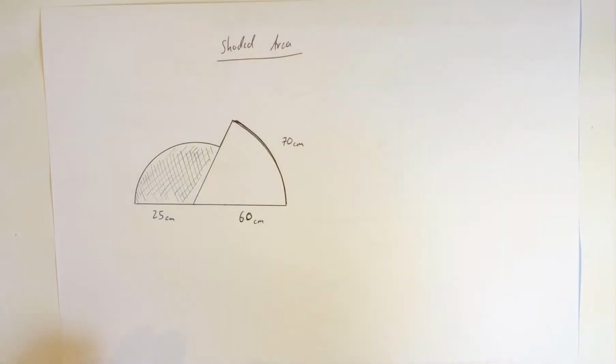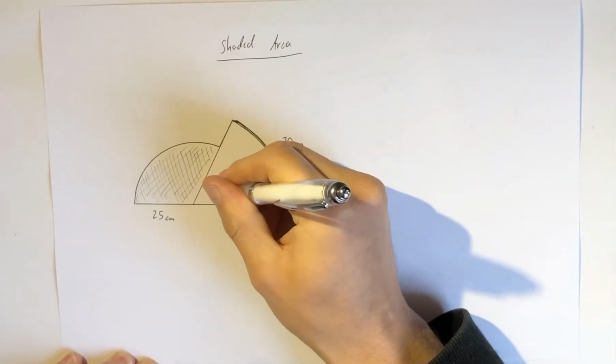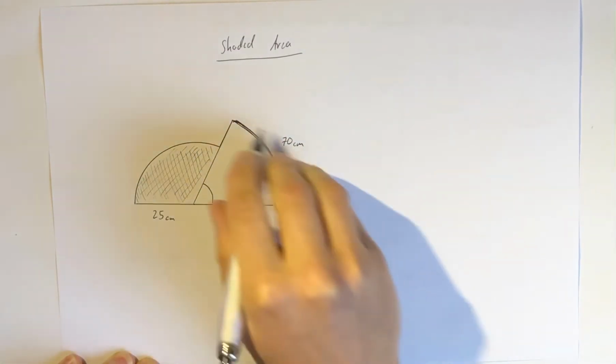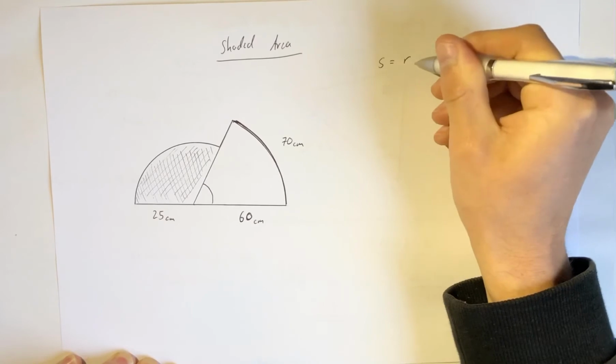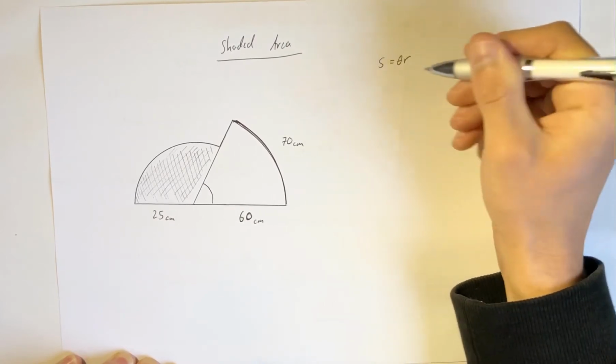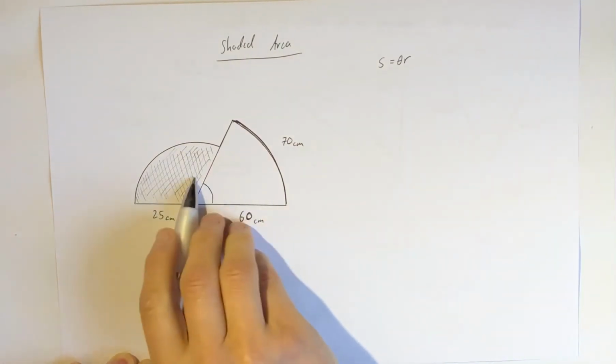All right. The first step is we want to find this angle. Because we have a radius and an arc length, we can use this formula here. s is the radius times theta. Remember, that's in radian measure, so that's going to give us the number of radians in here.